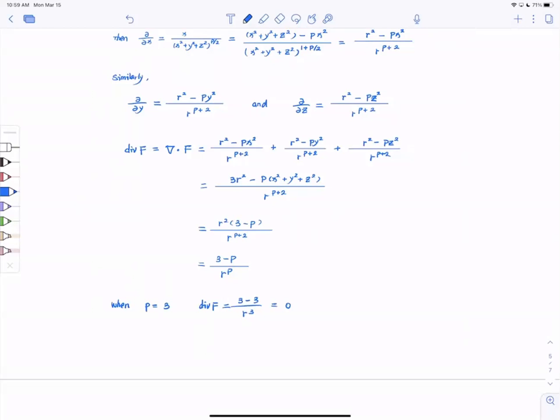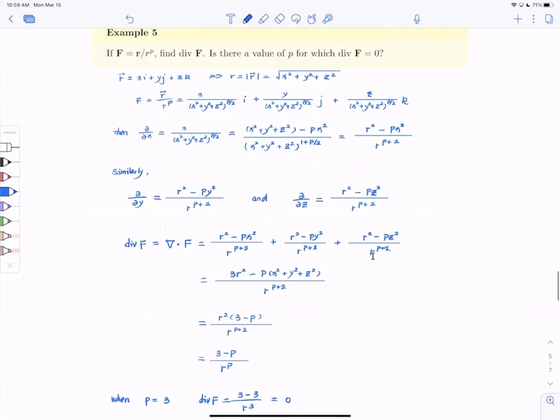Okay, let's take it up. So basically, you need to calculate the divergence of f, which means you need to know your partial derivative with respect to x, y, and z.